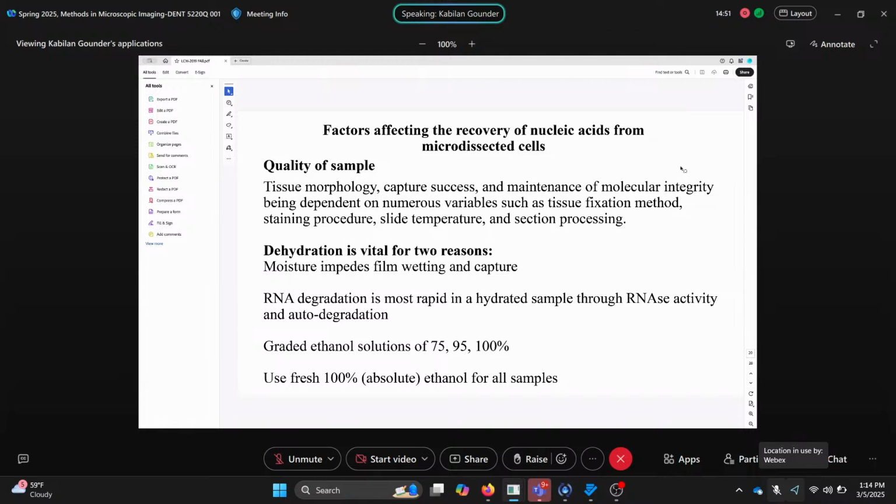Another one is graded ethanol solutions; you can use 75, 95, and 100%. Also use fresh 100% ethanol for all the samples when you process. During the dehydration process, use a proper graded ethanol so that you can completely remove the water content.